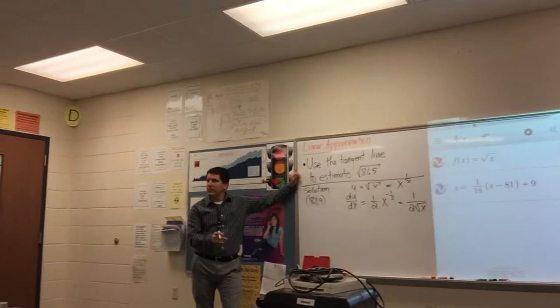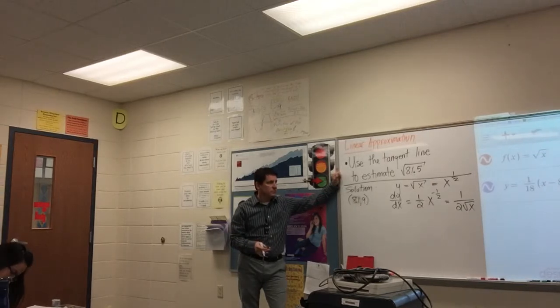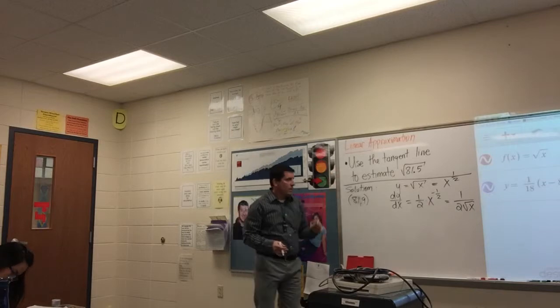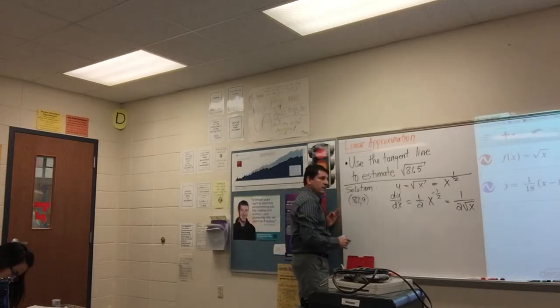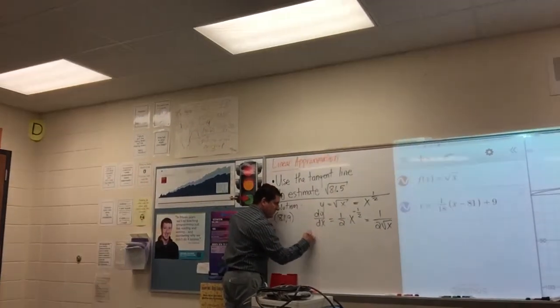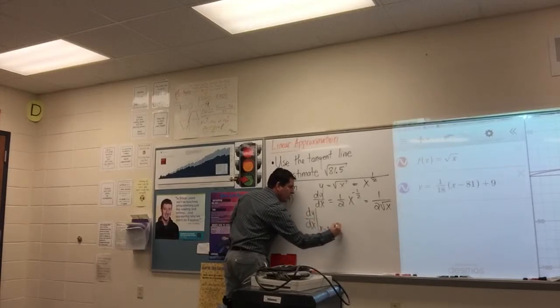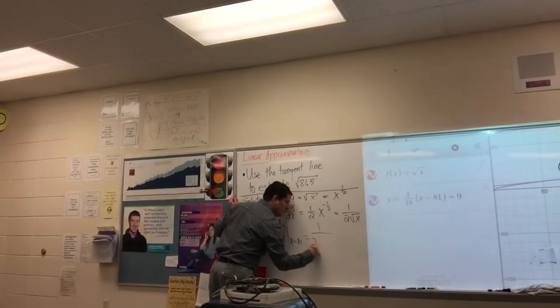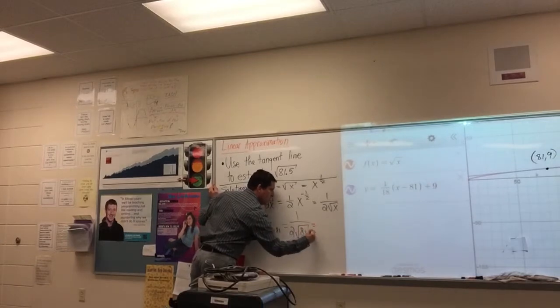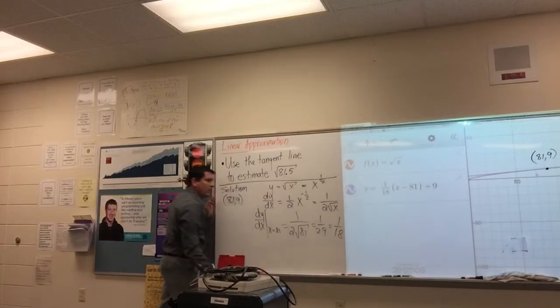So 1 over 2 square root of x is the derivative of the square root of x. That's just one that I want you to know. All right, so dy/dx evaluated at x equals 81 is equal to 1 over 2 times the square root of 81, which is 1 over 2 times 9, which is 1/18.